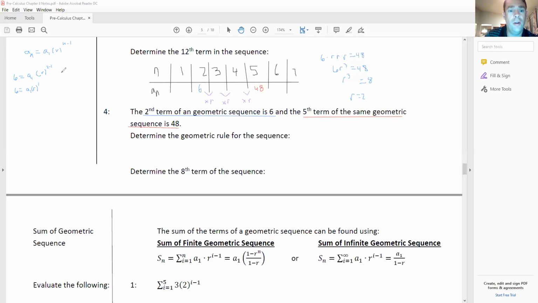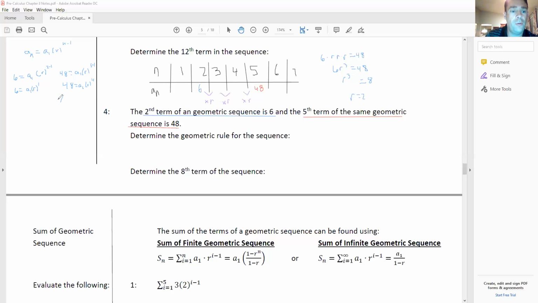And we could have done the other one as well. 48 equals a sub 1 times r to the 5 minus 1. So 48 equals a sub 1 times r to the 4.